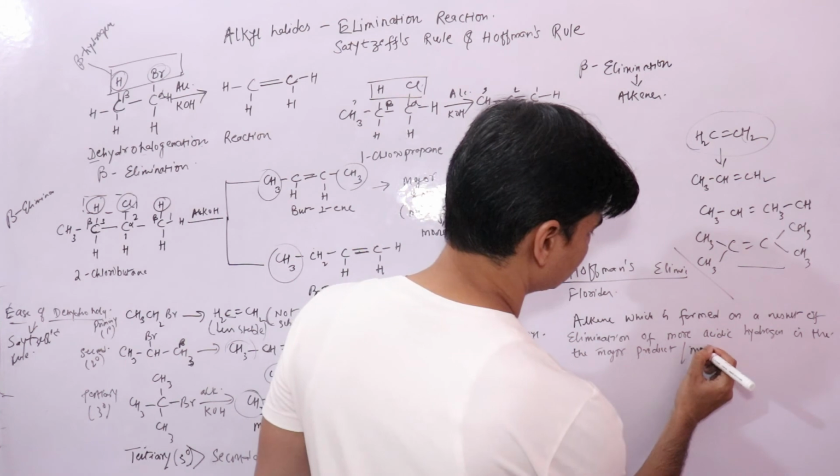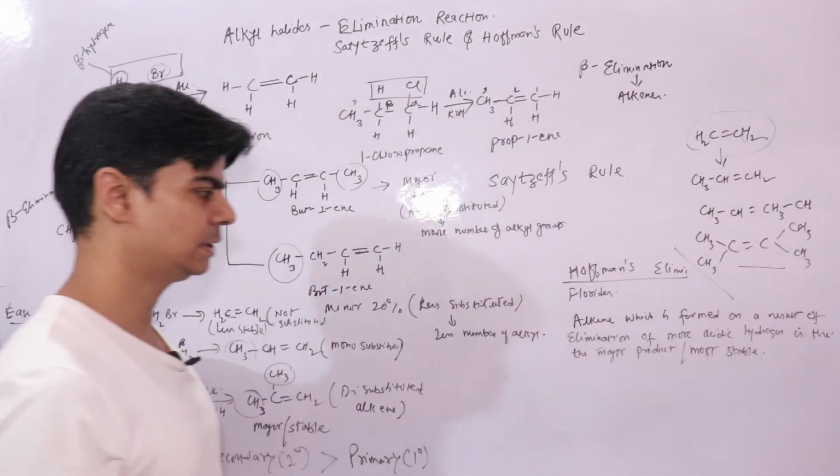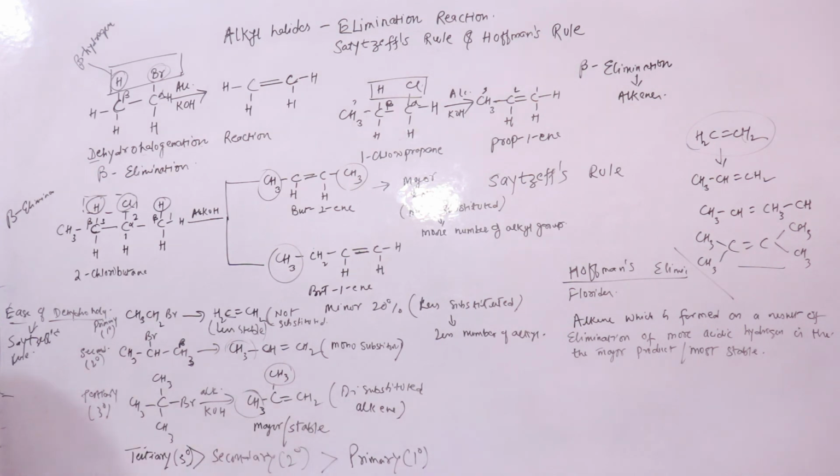Let's take an example to understand Hofmann's rule. So just remember, if there is a fluoride, then you will apply Hofmann's rule, and this is based on the inductive effect.